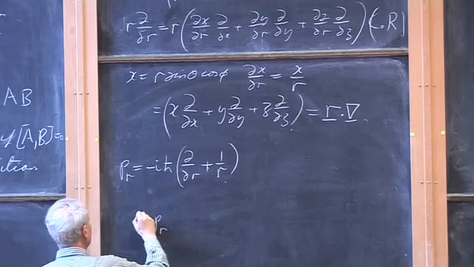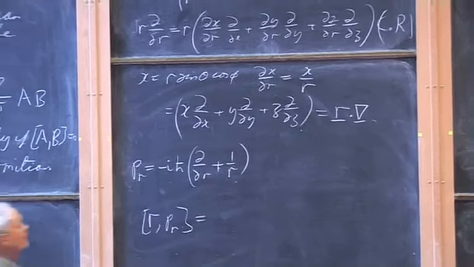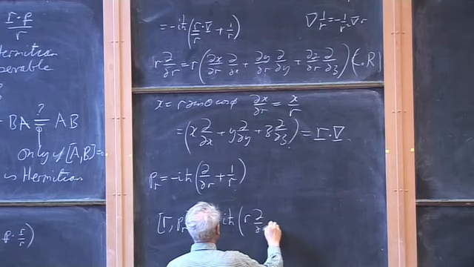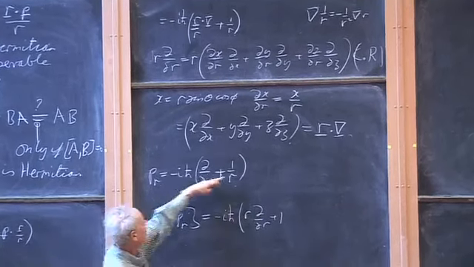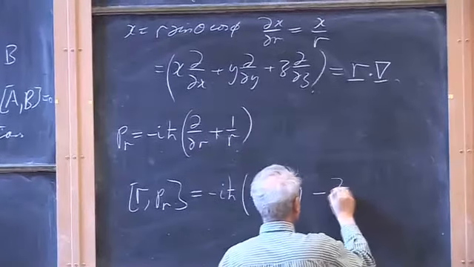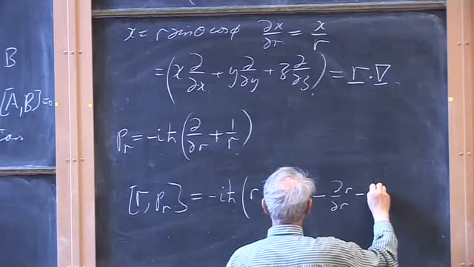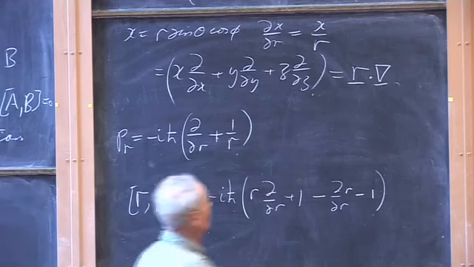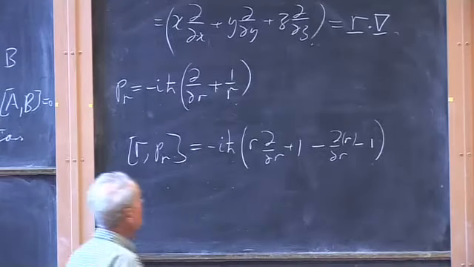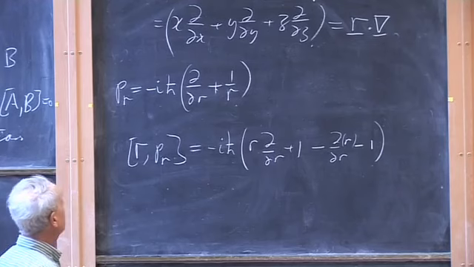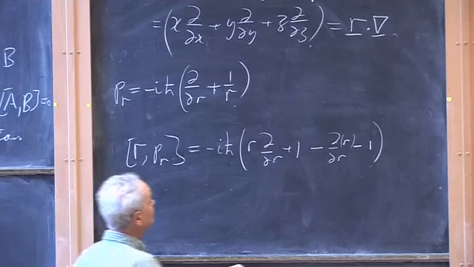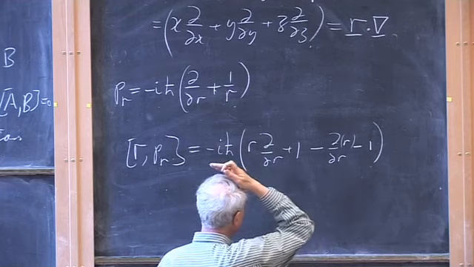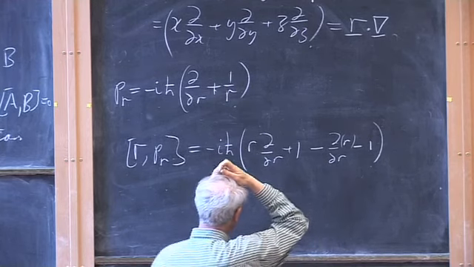But just to convince you this really is the momentum associated with radius, let's, for fun, calculate the commutator of r and PR. So what is that? That is minus i h bar of r times d by dr plus 1 times PR, minus d by dr plus 1 over r working on r. Sorry, I'm in danger of getting 0, aren't I?